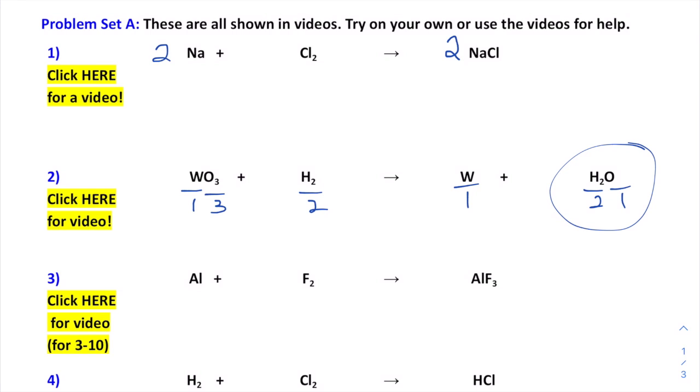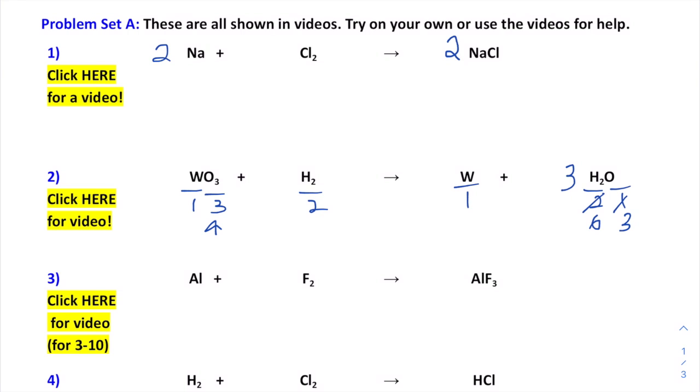So I need 3, and I see 3 here, so I need to think about how will I make this turn into a 3. So I need a coefficient of 3 because 3 times 1 is 3. Now remember, that will also change the H because they're a bonded molecule. So 3 times 2 is 6 for the H now, and 3 times 1 is 3 for the O.